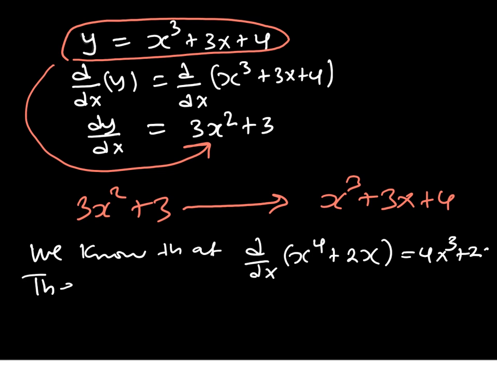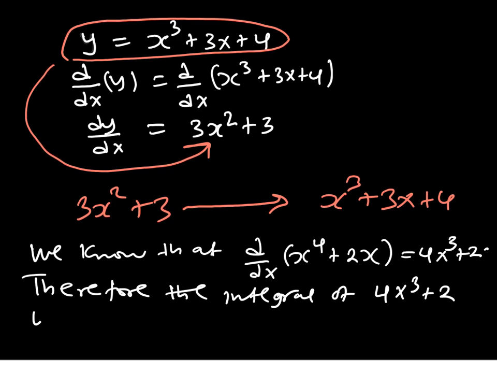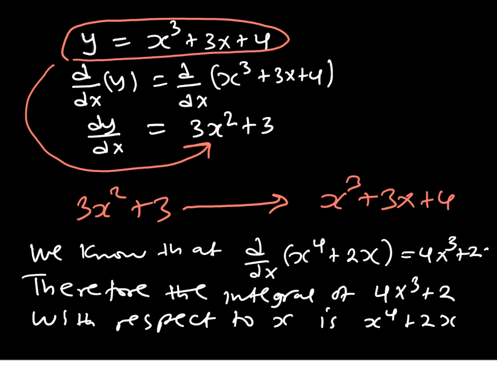So I can start, therefore, with the integral of 4x cubed plus 2 with respect to x, which is x to the power 4 plus 2x. Simply, we are defining integration as a reverse process. This example is just emphasizing that you start with a derived function and then trace the function that was differentiated. That's what we call integration.